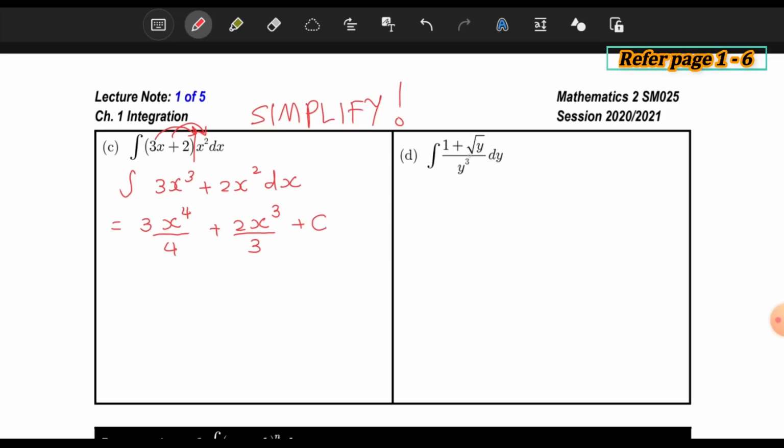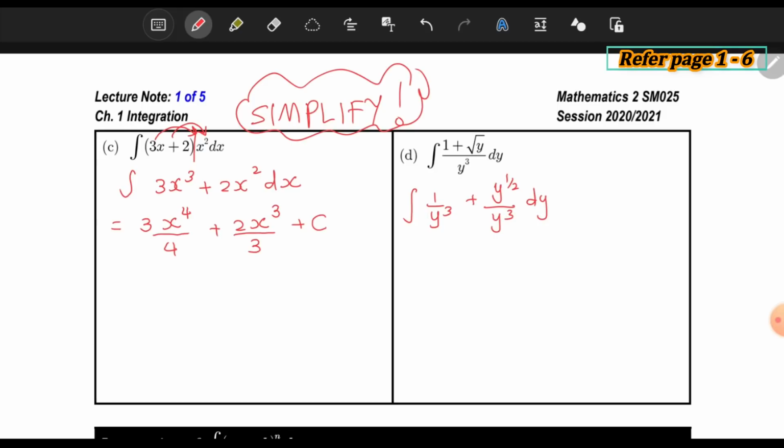And part D, we have (1 plus root y) divided by y cubed, in division form. As I told you just now, the most important word is simplify. So we simplify first and it becomes integrate 1 over y cubed plus, say root y is y power of half, divided by y cubed dy.